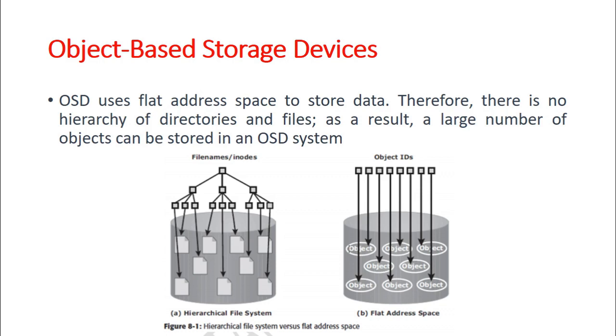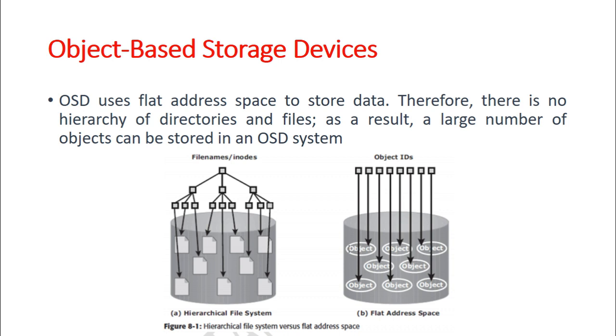Object based storage devices use something called a flat address space to store the data. Earlier in module 1 we discussed the file system as a hierarchical structure of files. We have the root node, the child node and so on.